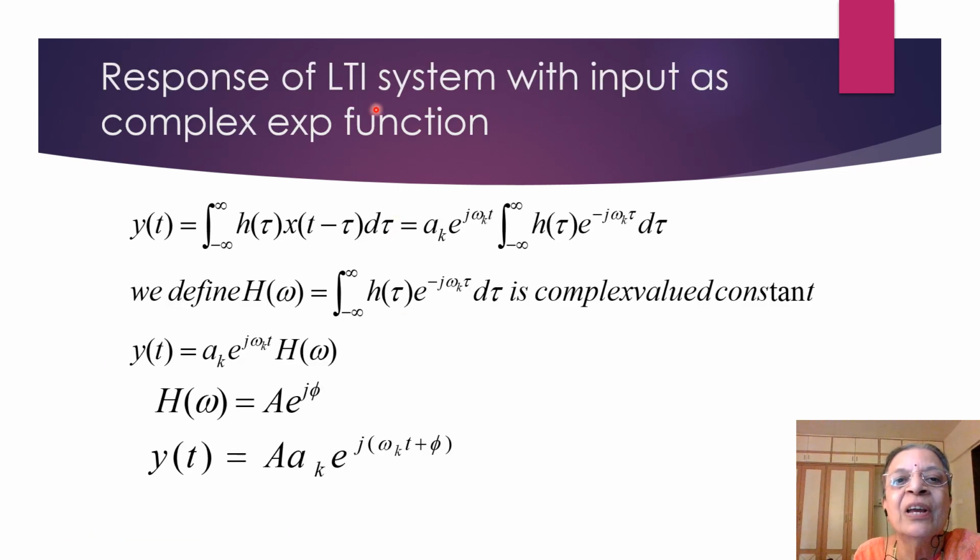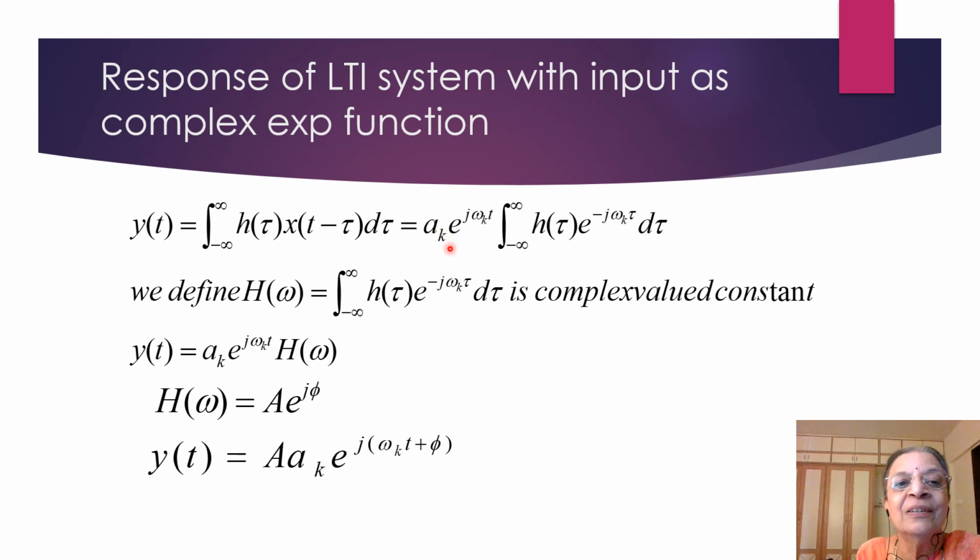Now let us see how we can find the response of an LTI system with input as a complex exponential function. So we write the output y(t) as equal to the integral from minus infinity to infinity of h(tau) x(t minus tau) d tau, because it is the convolution of the input signal with the impulse response of the system, which gives you the output of the system.